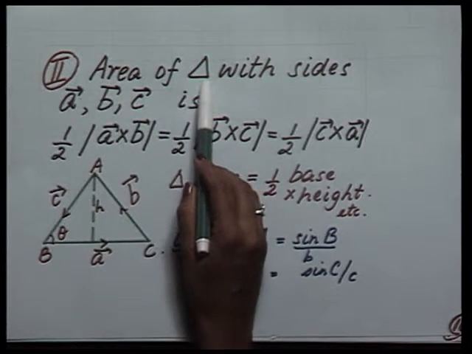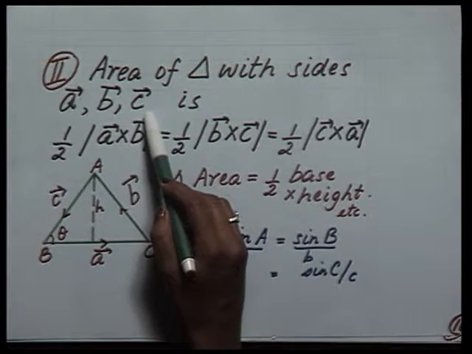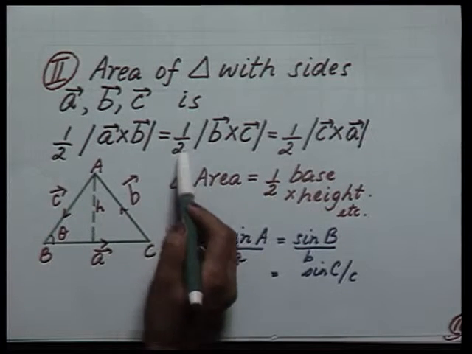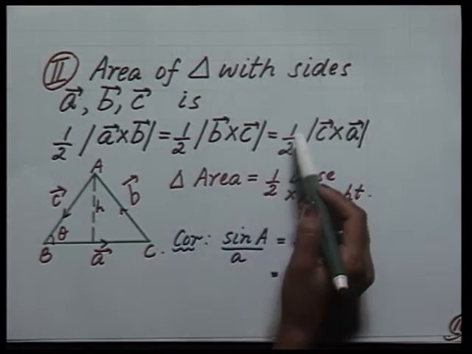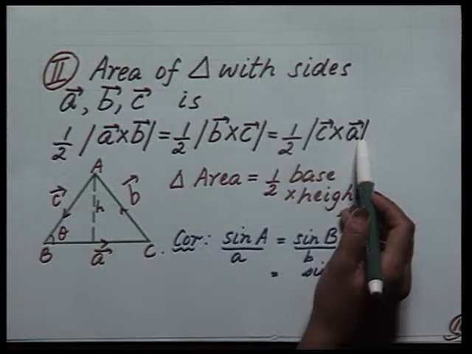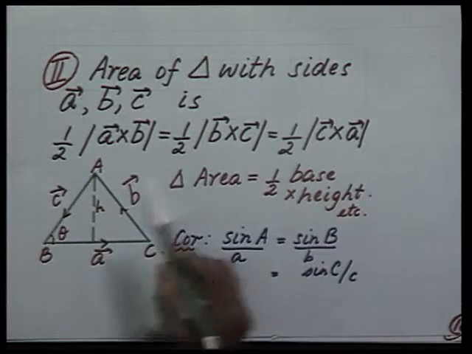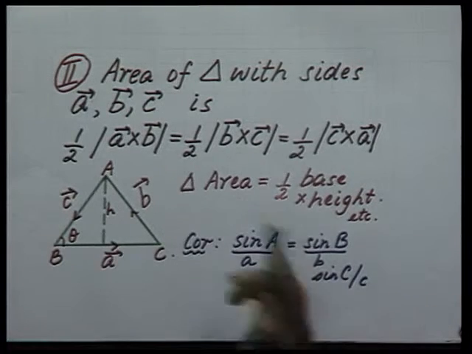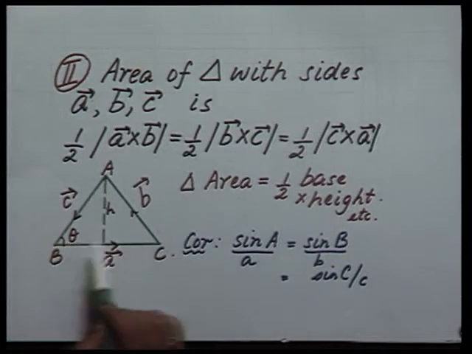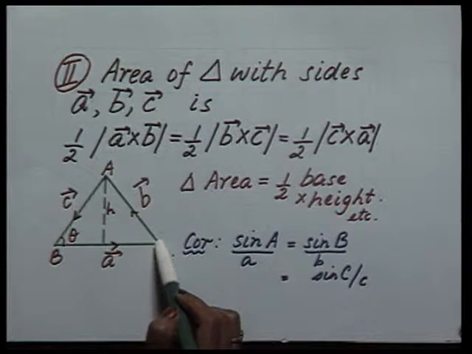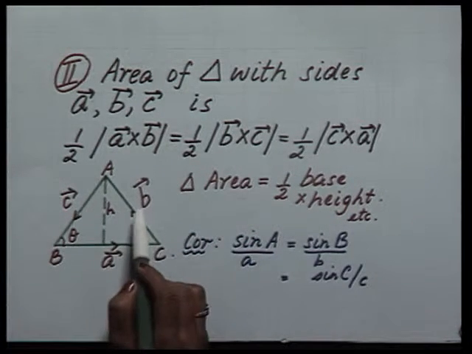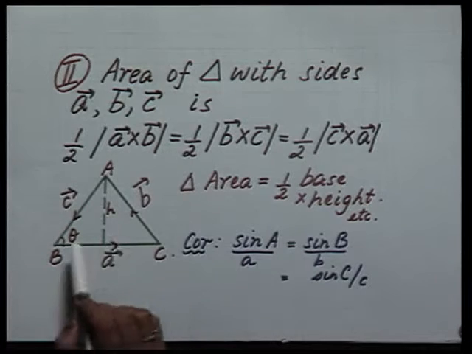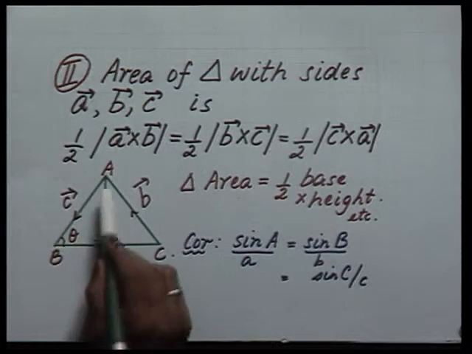And the second geometrical interpretation: the area of a triangle with sides A, B and C is given by half the magnitude of A cross B, which is the same as half the magnitude of B cross C, or half the magnitude of C cross A. Let us look at any one of these. Suppose my triangle is ABC, where the sides opposite to the vertices A, B and C I will call vector A, vector B and vector C. Let theta be the angle between this vector and this line.